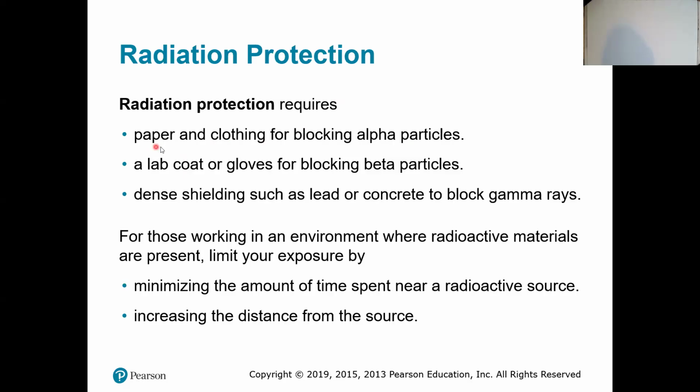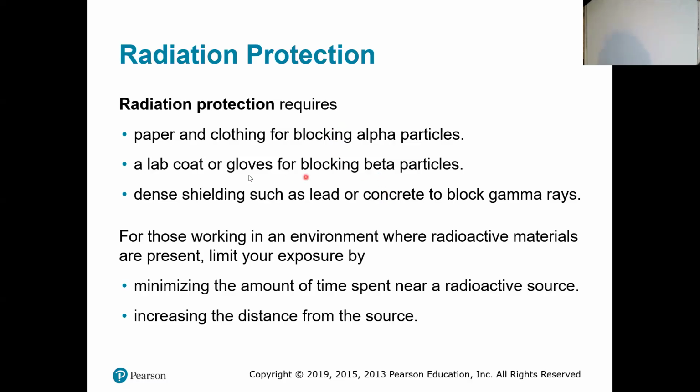Just having some clothing, like paper, is thick enough to block alpha particles. So if you're just wearing your most basic covering, then you'd be able to block alpha particles from interacting with any of your skin or anything like that.